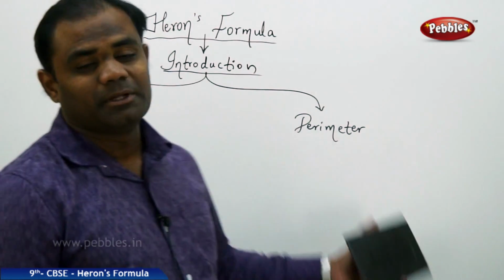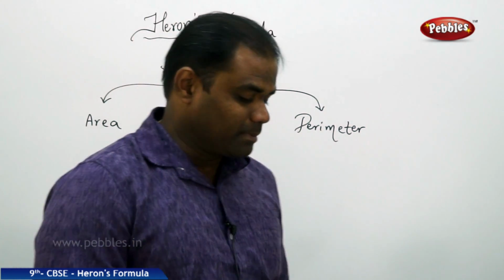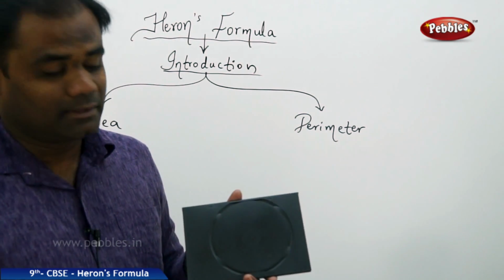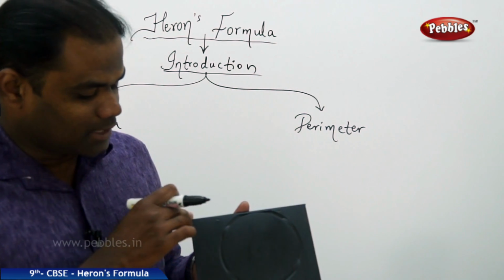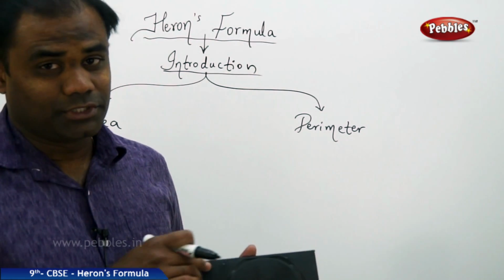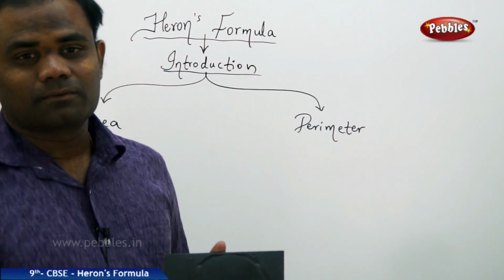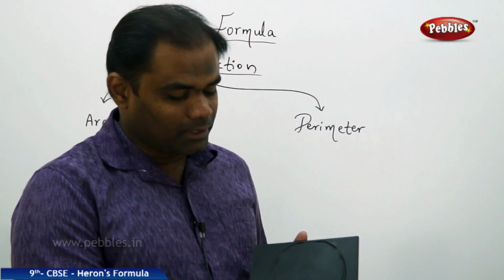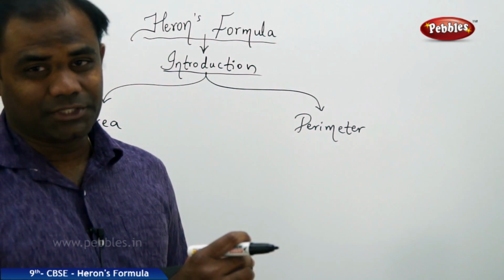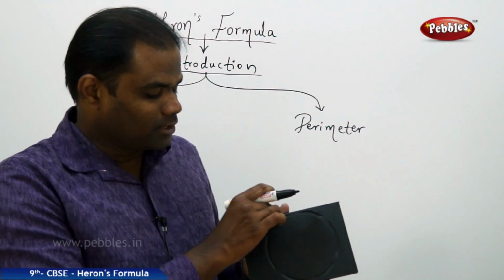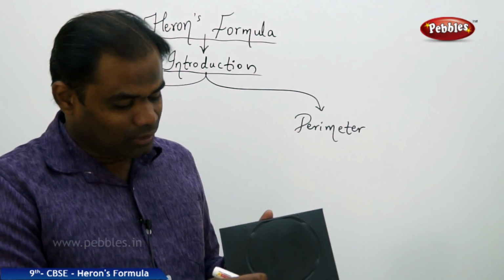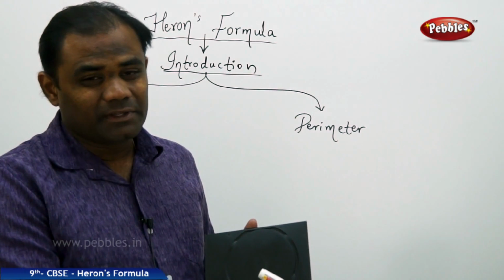Let's see now what is perimeter. In order to understand perimeter, firstly, what is the boundary of this plank? I have four different sides which cover the entire rectangular plank: 1, 2, 3 and 4. Imagine an ant starts from here and moves along this edge, then this edge, then this edge, and then the last edge.